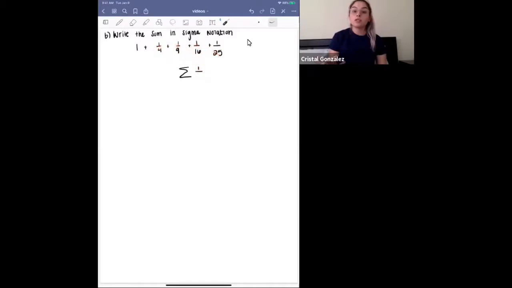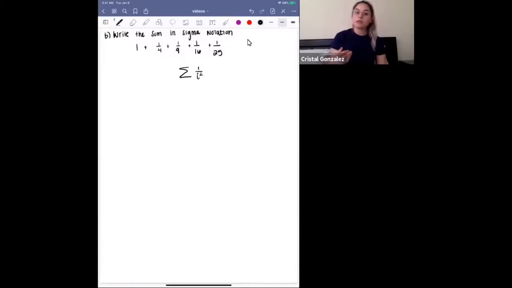And if I look here, this is 4, this is 9, this is 16, and this is 25. What I do notice about them is that they're all perfect squares. This is 2 squared, this is 3 squared, 4 squared, and 5 squared. And this is technically over 1 squared. So that tells me that in here I have i all squared.